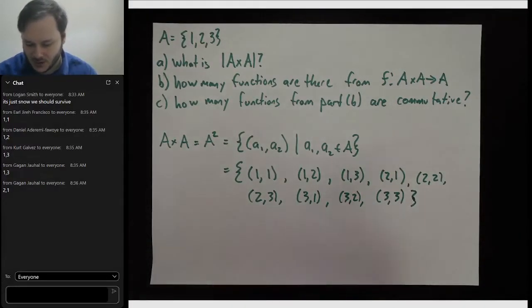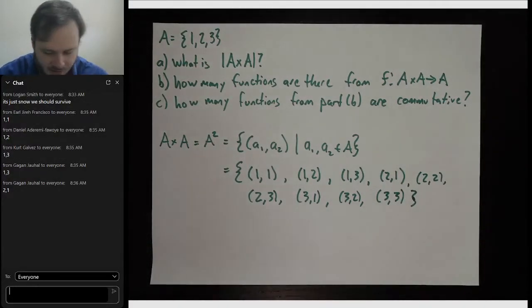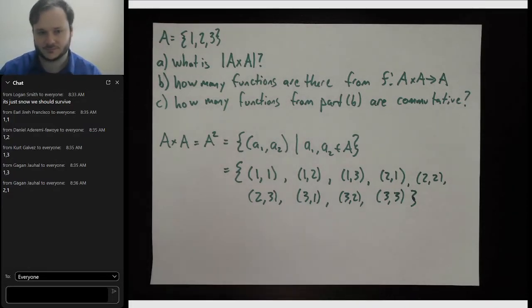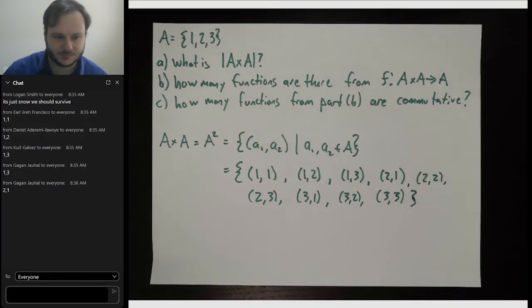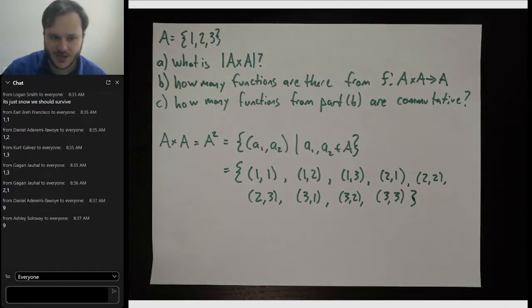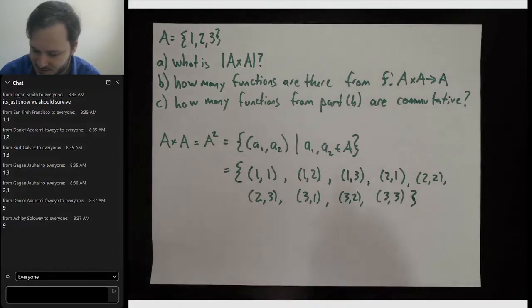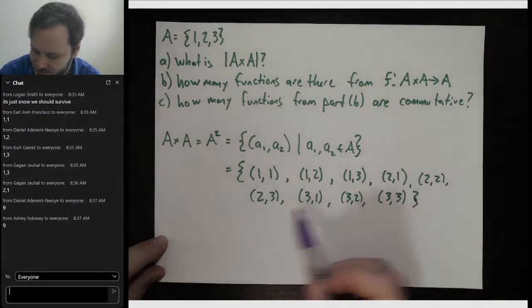So we can answer part A now. How many elements are there in A cross A? What is the size of A cross A? Yeah, 9, right? We got 9 elements: 1, 2, 3, 4, 5, 6, 7, 8, 9.